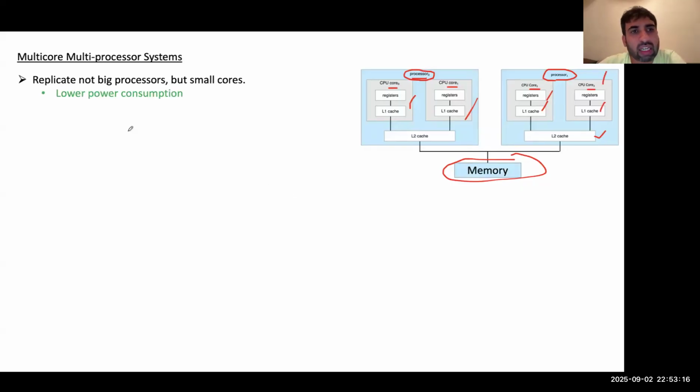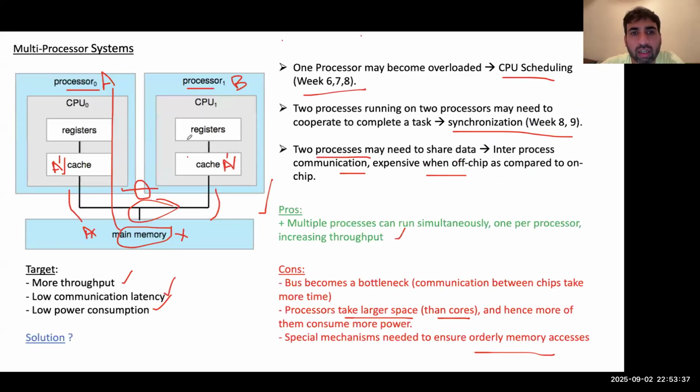So basically what we are saying is to replicate not big processors but small cores. Since cores are smaller in size, why? Because they are a subset of a processor. They have only registers and they have L1 cache. So compare this with the situation where instead of having 4 cores, you have 4 processors. If we go back here, what will happen?